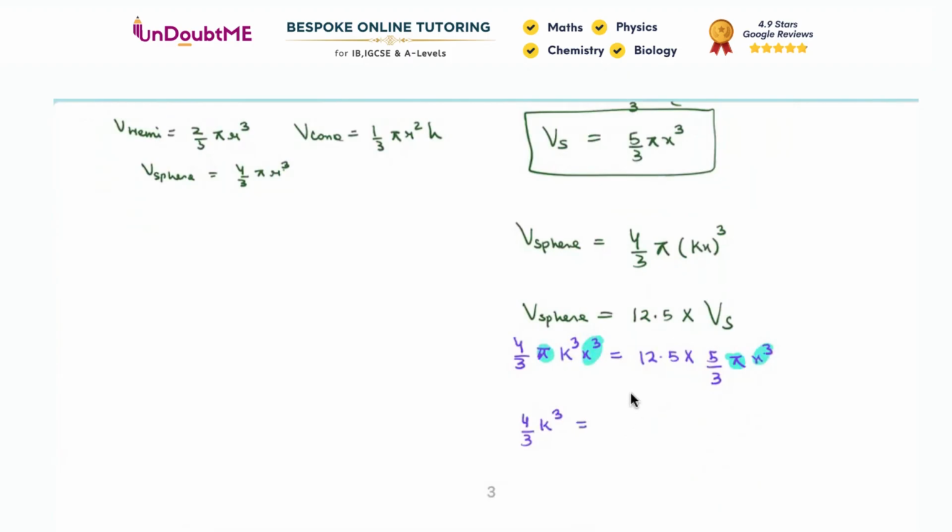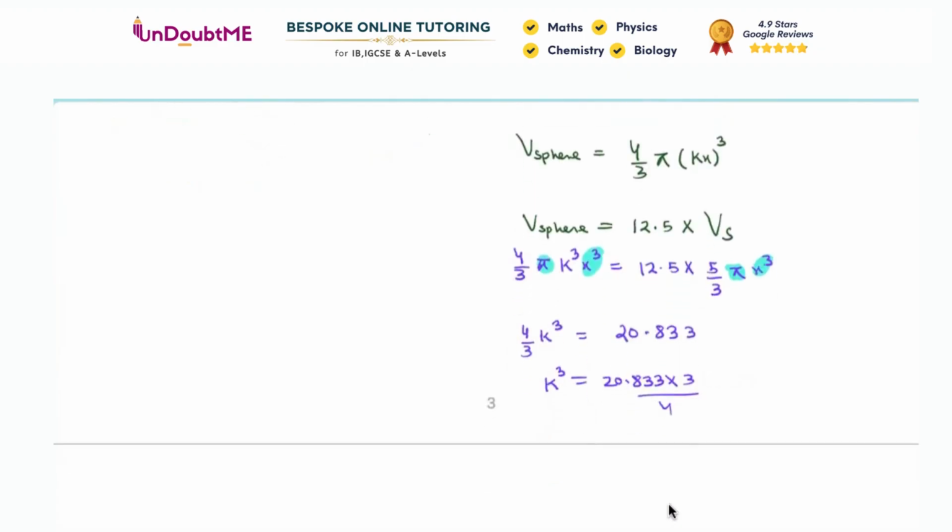Let's do that in the calculator. So 12.5 times 5 by 3 comes out to be 20.833. Okay, you can do it together. That will be, k cube is 20.833 times 3 by 4. So I'm using the same calculator display, times that by 3, divide by 4.